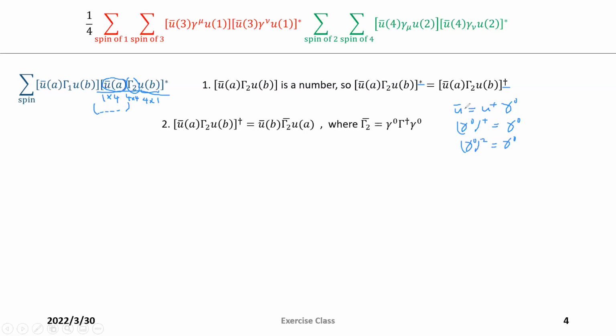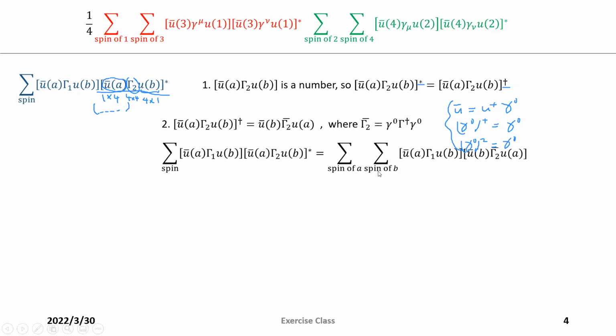So you can prove this yourself by using these 3 definitions or properties. So substitute this back into the original expression, we can obtain this. You can simplify the expression to this.